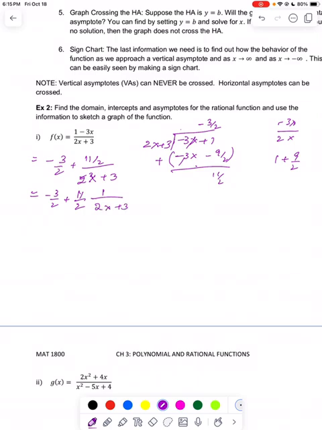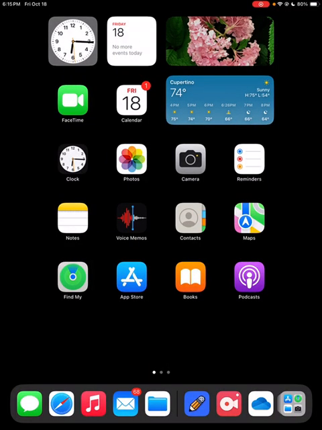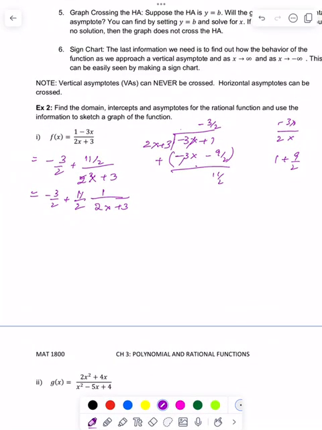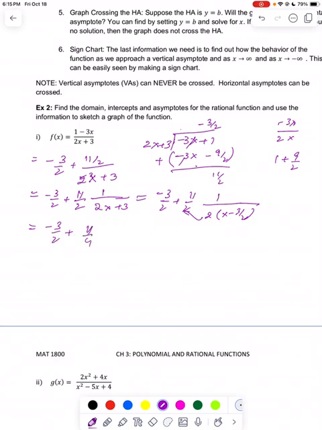Okay, we'll factor out the 2 from the bottom. So we combine the 2 here with the 11/2. So we get negative 3/2 plus 11/4 times 1 over x plus 3/2.